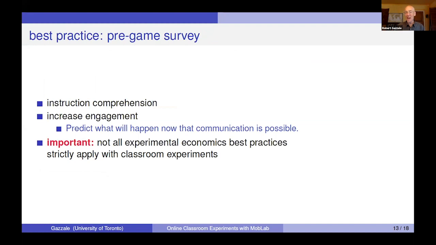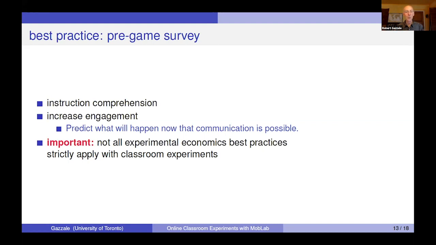If students know that there is going to be a quiz on the instructions, they're much more likely to review and understand the instructions. And so the pregame survey, the instruction comprehension survey, is a way to ensure that students do review the instructions before.